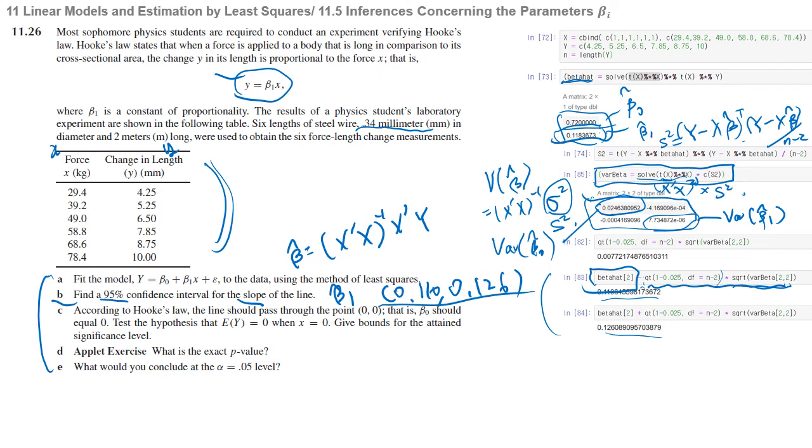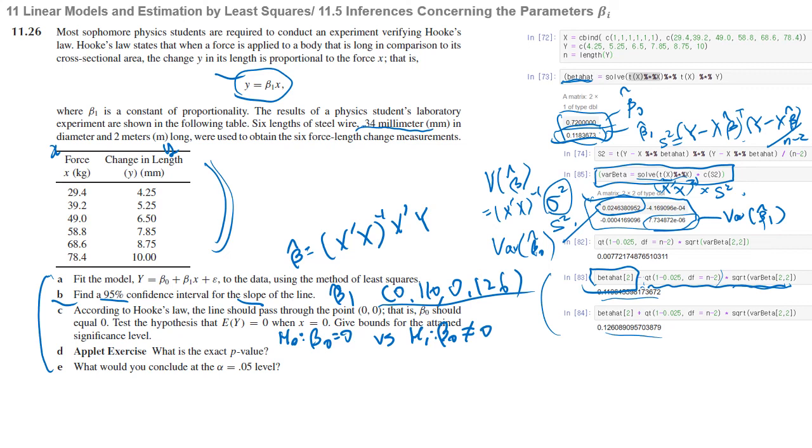According to Hooke's law, the line should pass through the point (0, 0). That is, beta 0 should equal 0. Test the hypothesis that the expected value of y equals 0 when x is 0. So what we are testing is the null hypothesis beta 0 equals 0 versus H1: beta 0 is not equal to 0.